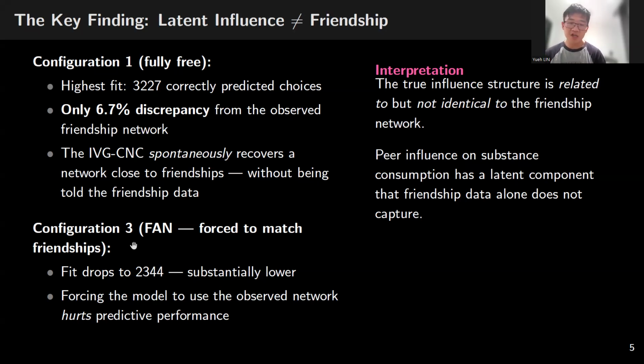So the interpretation, as we can see at the right-hand side, is that the true influence structure is related but not identical to the friendship network. So peer influence on substance consumption has a latent component that the friendship data alone does not capture. However, the inverse voting game model recovers the network within 7% without observing it.